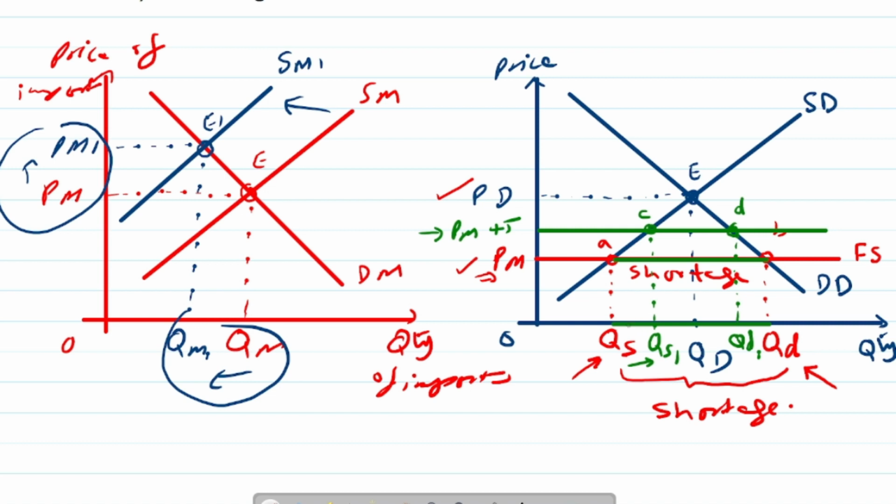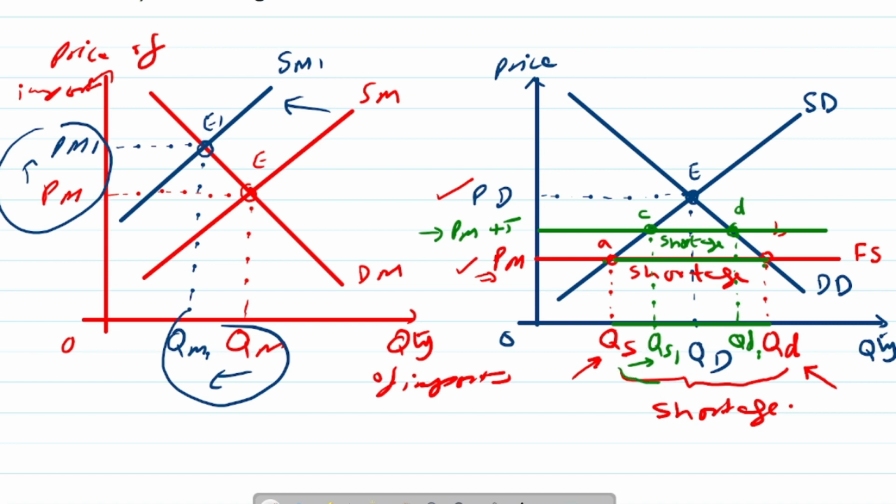So now domestic producers have increased some supply and domestic consumers have decreased some demand. So as a result, the volume of shortage has decreased from AB to CD. So the new shortage will be the gap between C and D, which is much lesser than earlier.